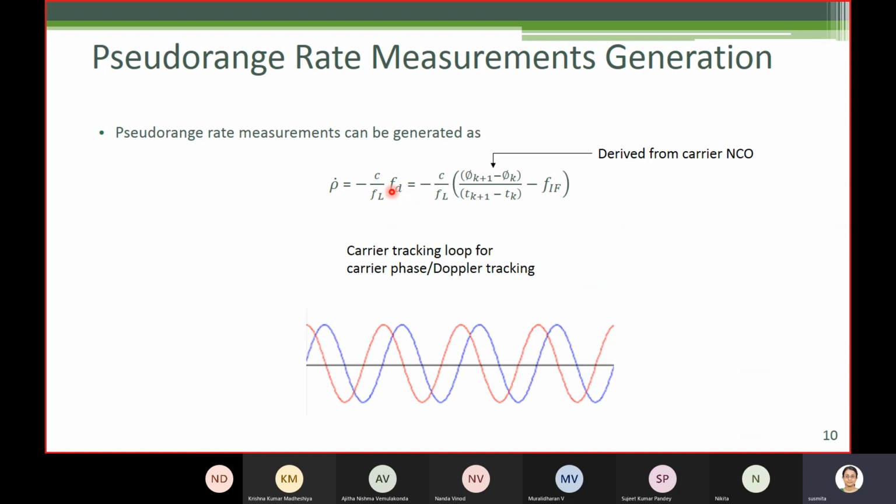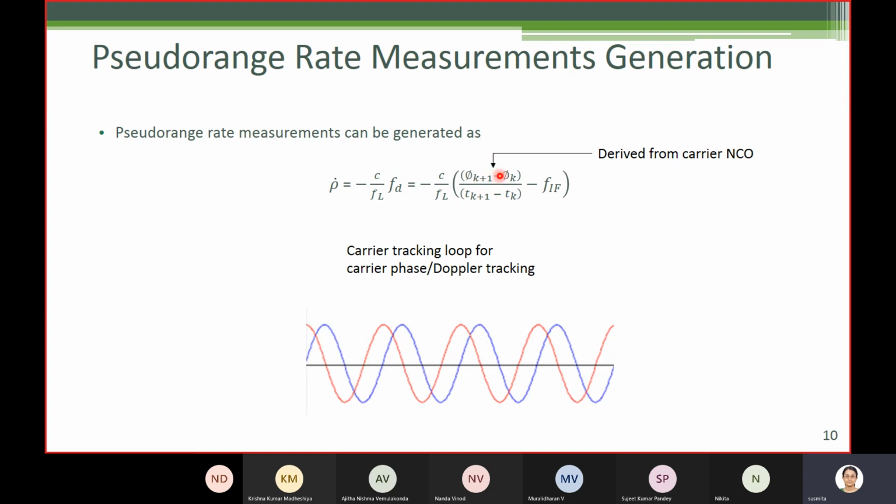FD is a frequency. It is the rate of change of phase minus FIF. How can we get the rate of change of phase? We know that the carrier NCO keeps track of the phase, right? So at two successive time instants, we can extract the carrier phase output from the carrier NCO.